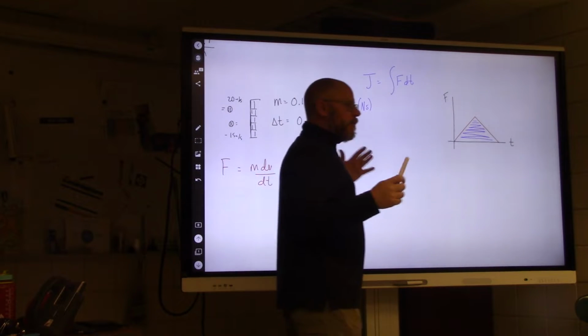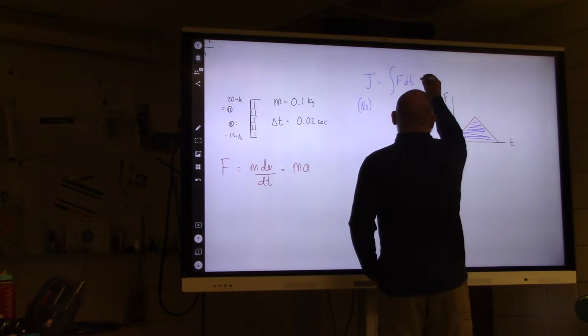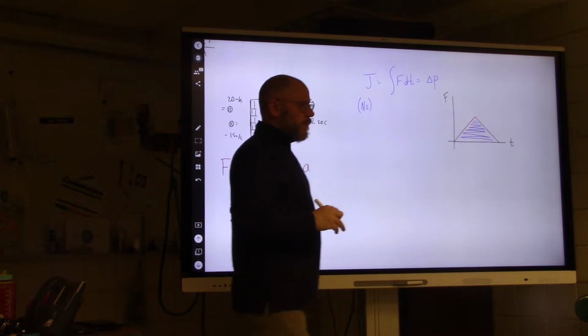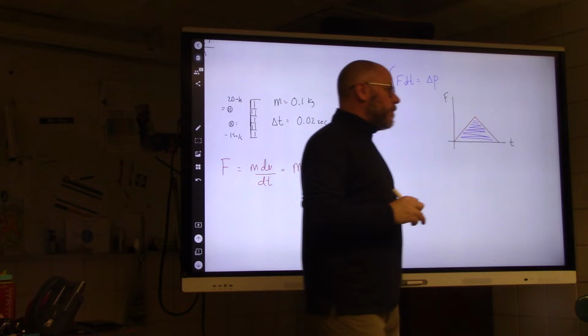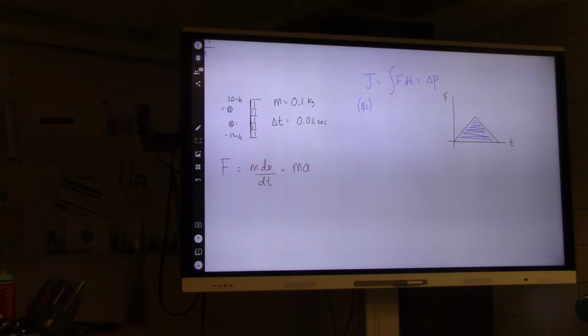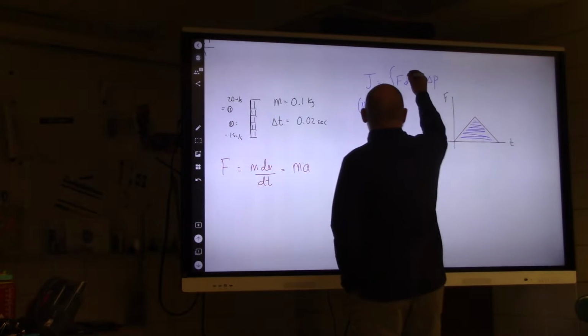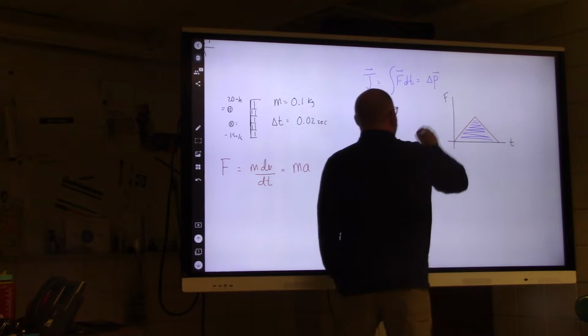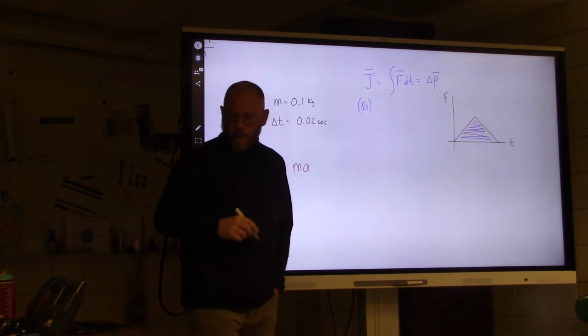What does the impulse do? It changes the momentum. That's absolutely what it does. The impulse changes the momentum, and you can see that's what's on there, right? Keep in mind that because the force is a vector, impulse is a vector, and the change of momentum is also a vector.